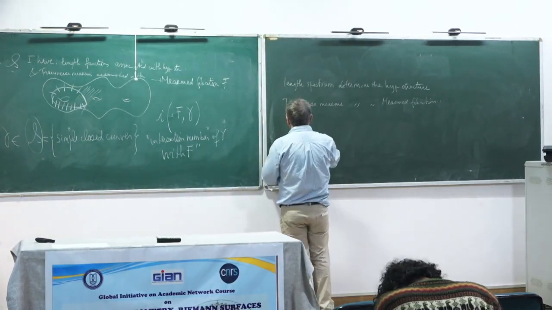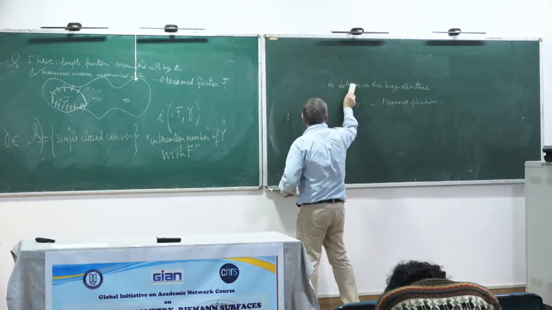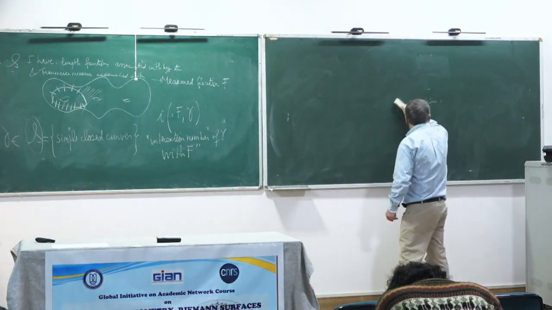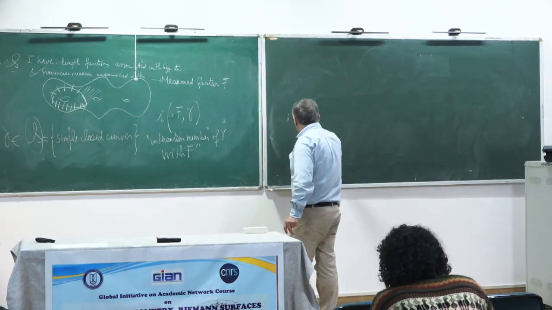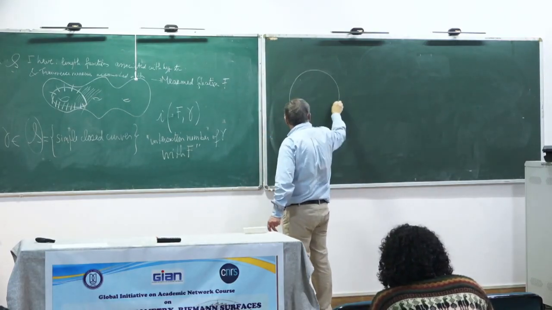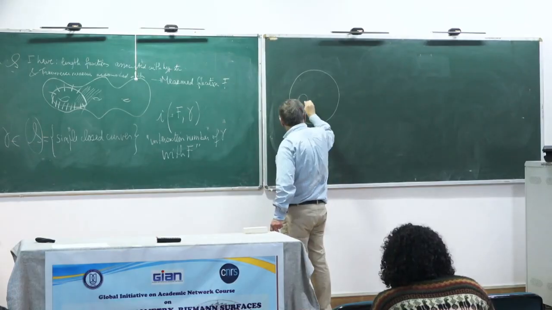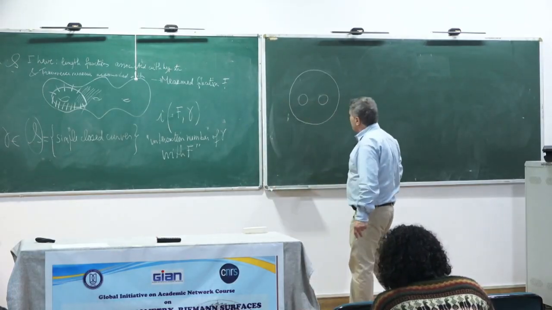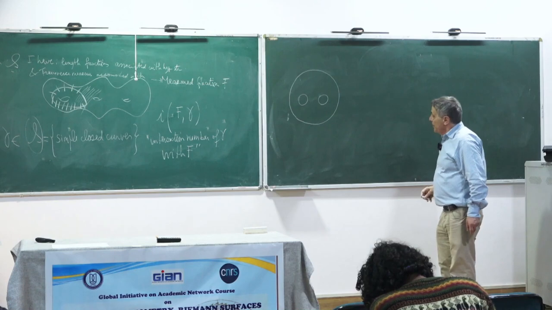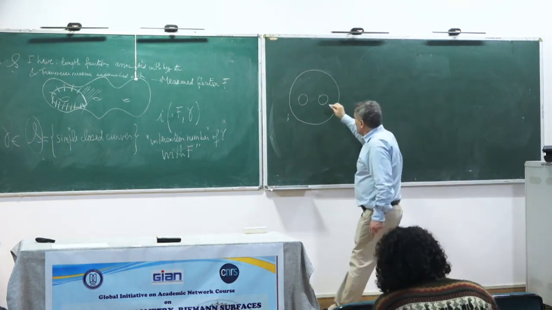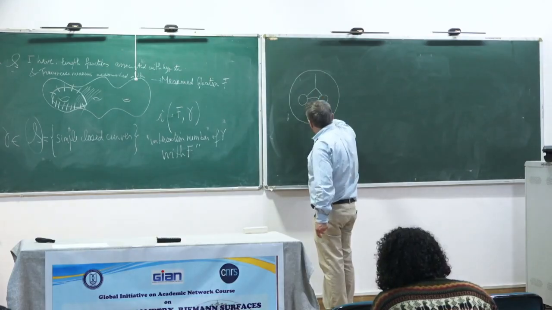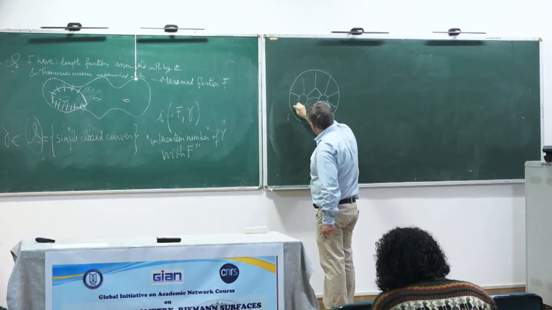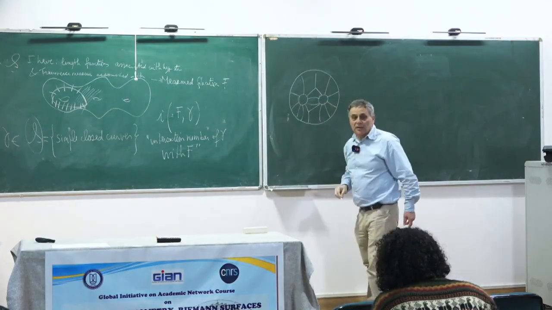Something which I will not talk too much about, but you see, as we said last time, I have a pair of pants, and then I can draw measured foliations on this pair of pants.